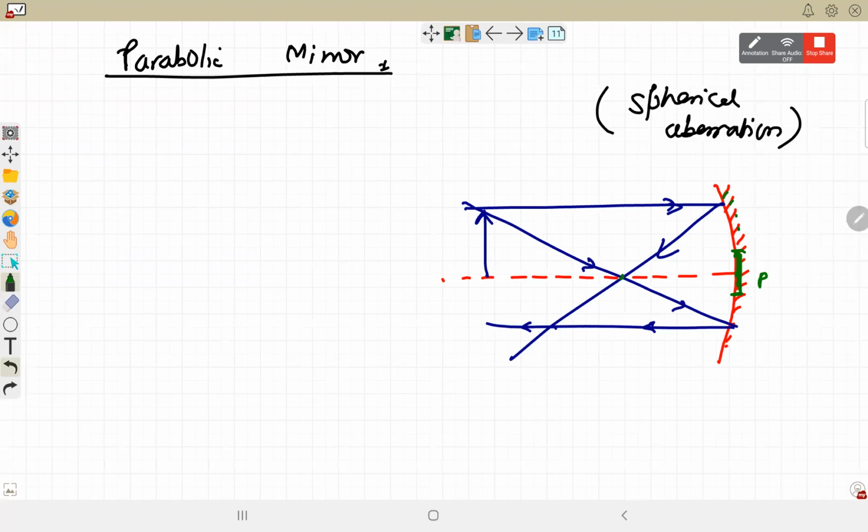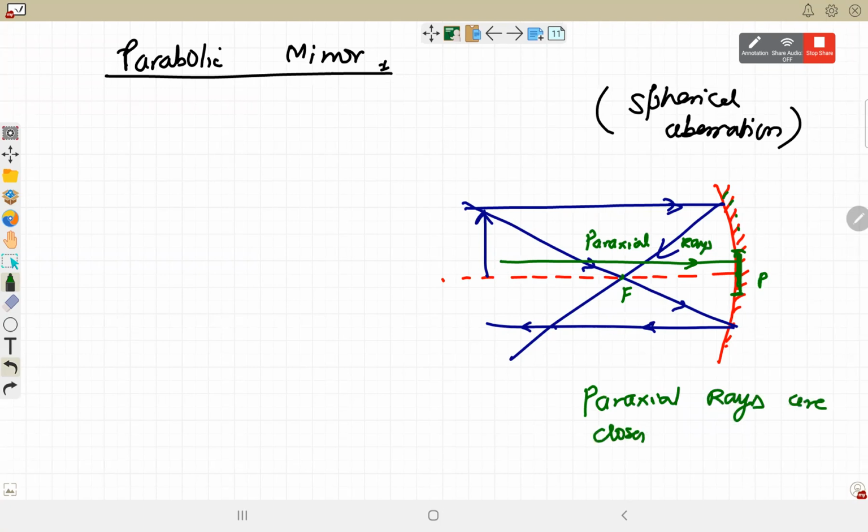So the light rays which come closer to the principal axis are called paraxial rays. All the time for the ray diagram, though we represent it by distant light rays, paraxial rays are closer to the principal axis, and all paraxial rays are focused at the same point.